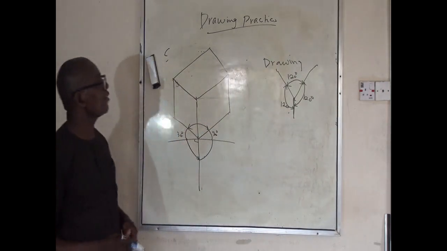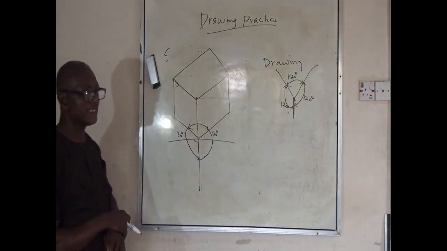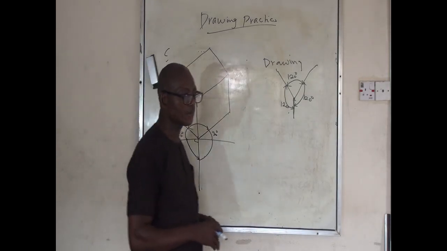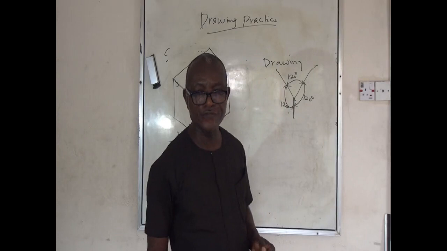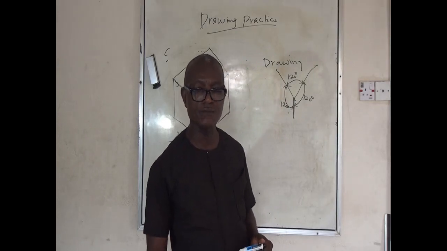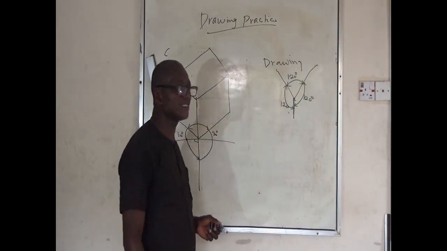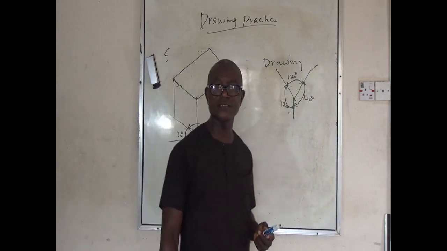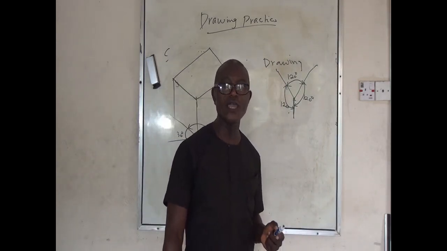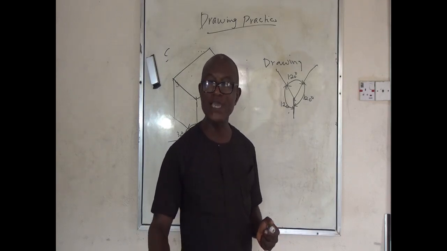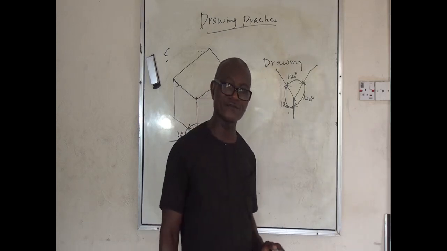Apart from that, why do we have to practice this isometric drawing? That leads us to the advantages of isometric drawing. Number one advantage is that it helps students to develop the ability to draw every object to appear like a photograph.